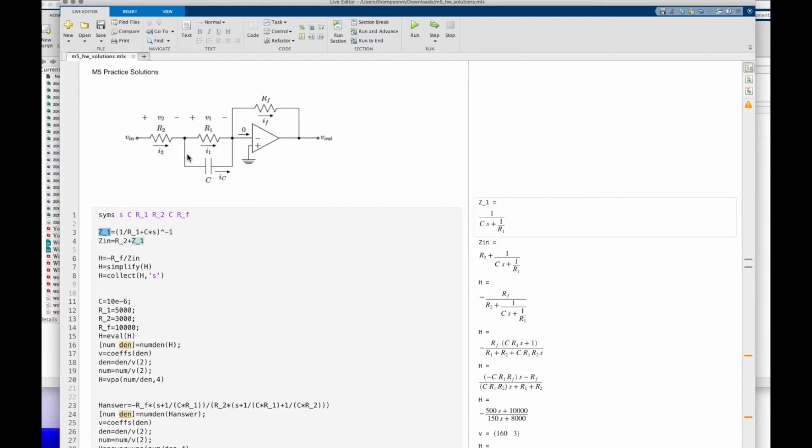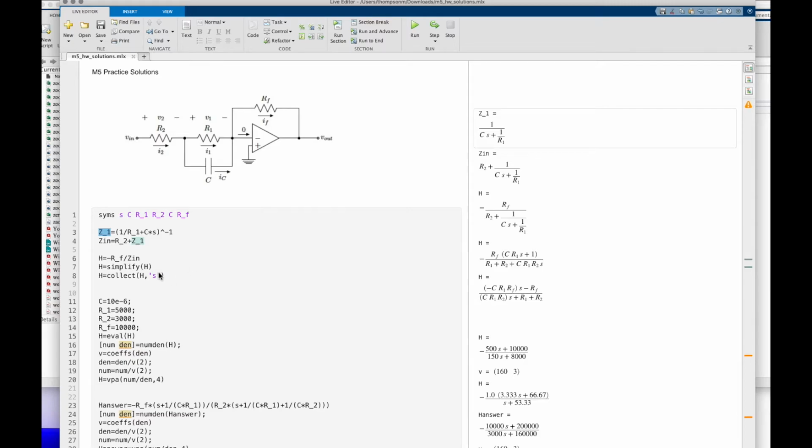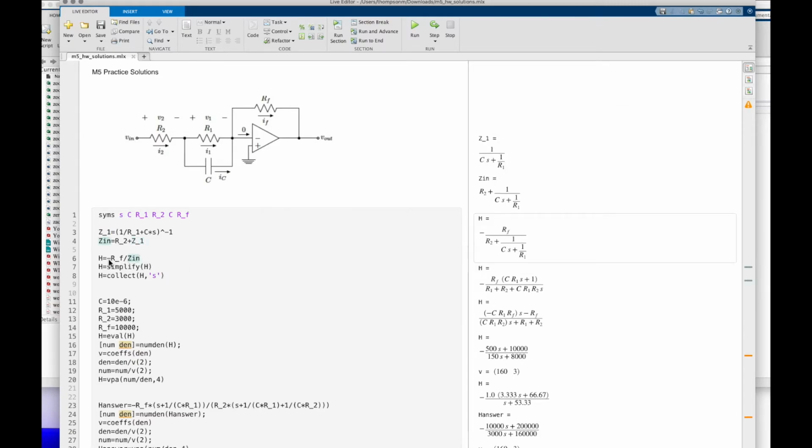So remember what we're doing, we're matching a pattern where you have this feedback resistor feeding back from the output to the negative input of the op-amp, and then you have an input impedance on the front end, that's these three circuit elements. Okay, so from there it's just the formula.